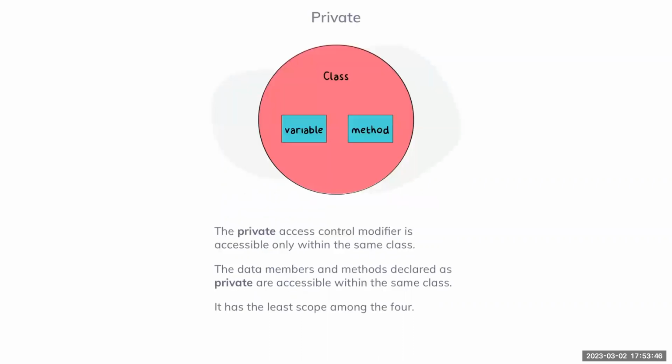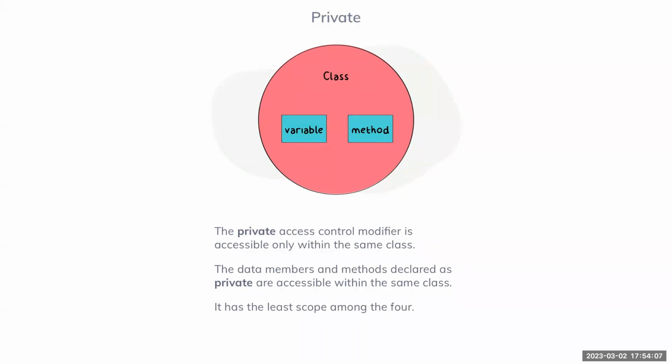Next one is private. A private access modifier has a very limited scope for your class or your data members.